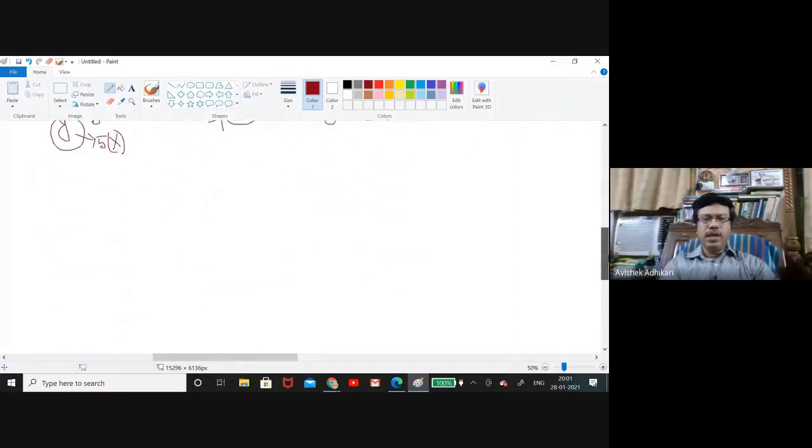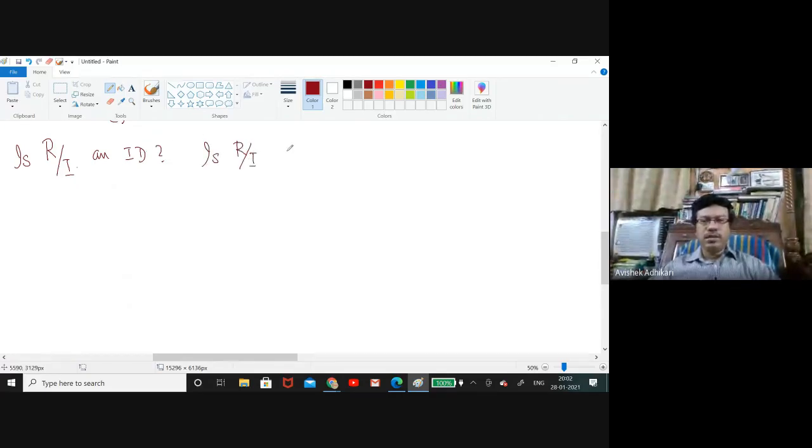Now my question is, what is R quotient I? Is R quotient I an integral domain? Is R quotient I a field? What is your idea? So you need to check this too.